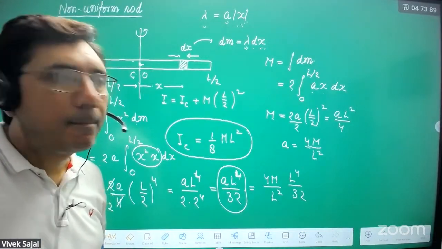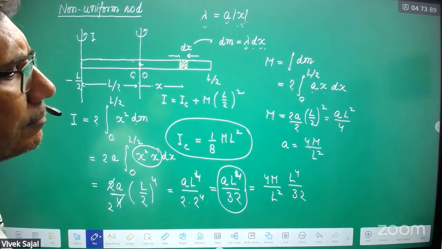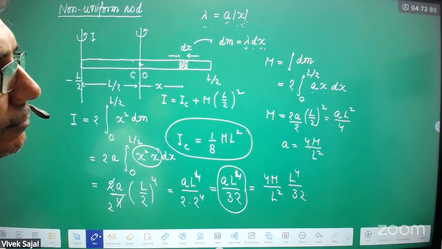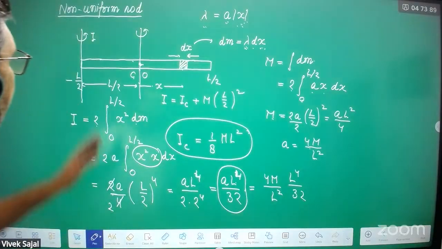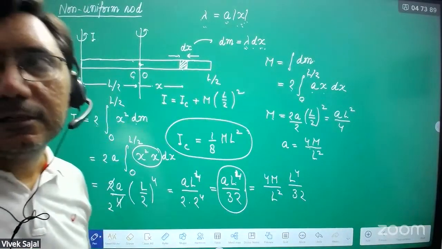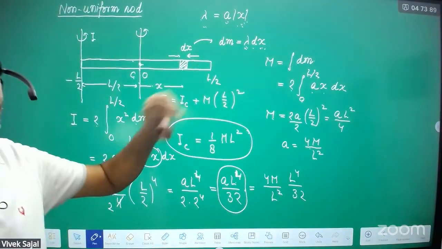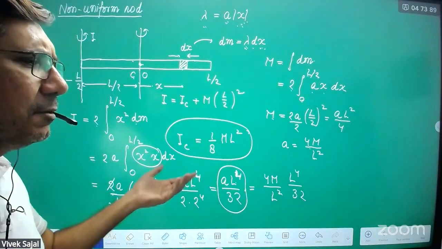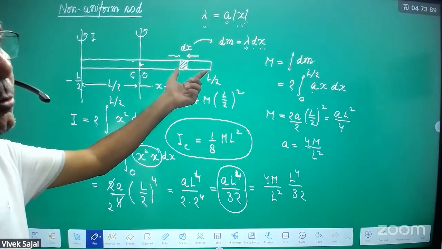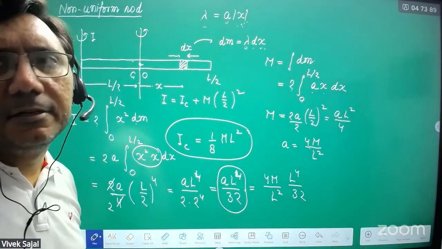Sir, here if we do not take lambda as mod x and take some other function for lambda, then what will happen to the integration? You will have to do the full one, beta. Then integration will be from minus L by 2 to plus L by 2. You are doing 2 times only because the mass distribution on this side and on this side are symmetrical.